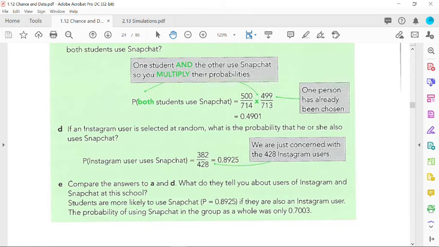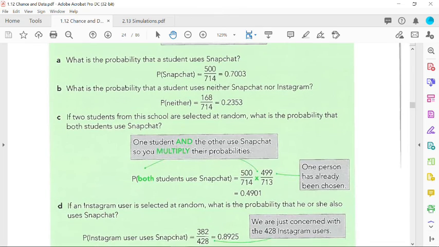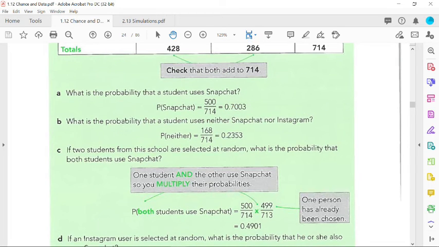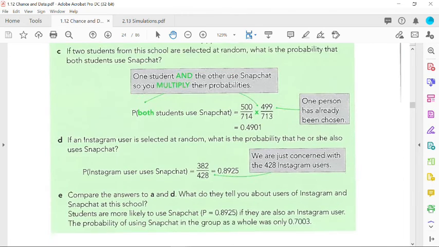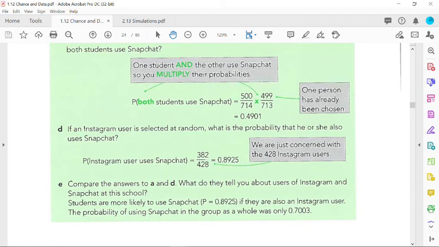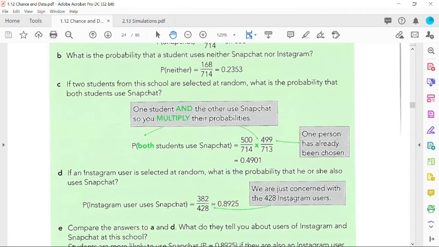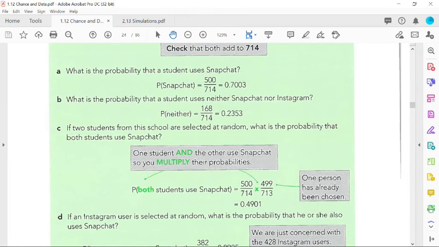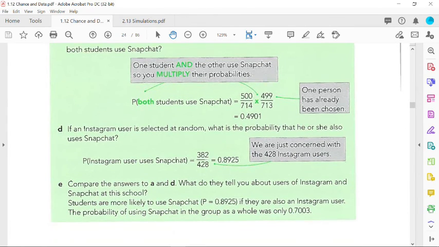Now, compare the answers to A and D. What do they tell you about the users of Instagram and Snapchat at the school? So, A, that's just the ones who only use Snapchat. D was the ones who use both, right? Okay? And what do you notice? 7.03, 8.04.